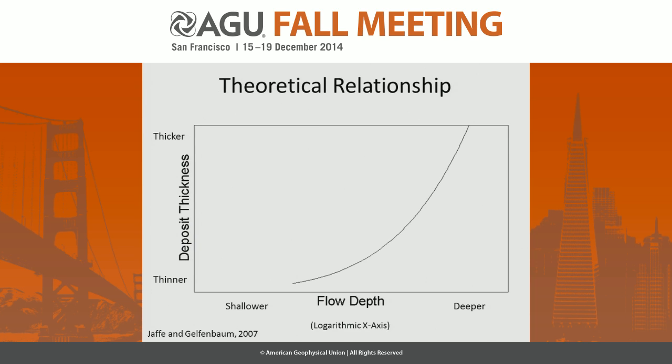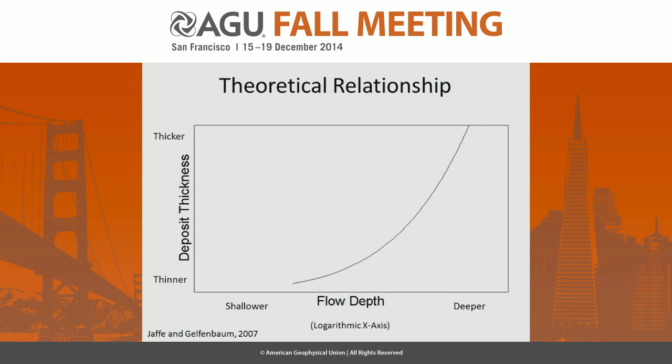So under those specific flow conditions, deposition conditions, this is the relationship we would expect to see between tsunami flow depth and deposit thickness. So for a deeper flow depth, you have greater flow velocities, which result in greater bed shear stress and a larger volume of suspended sediment in the water column.